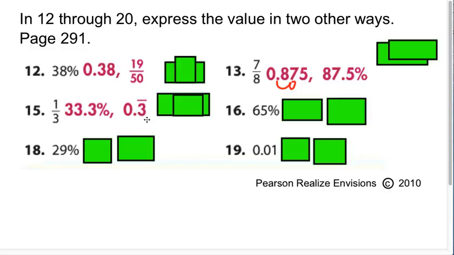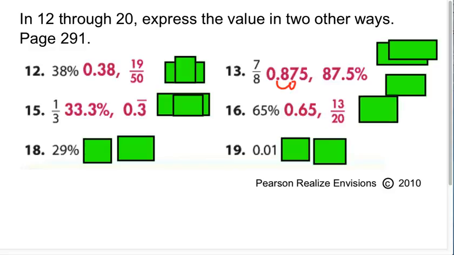Now, we look at number 16, and the correct answer for number 16 is 65%, written as a decimal is 65 hundredths, and as a fraction it would be 13/20ths.